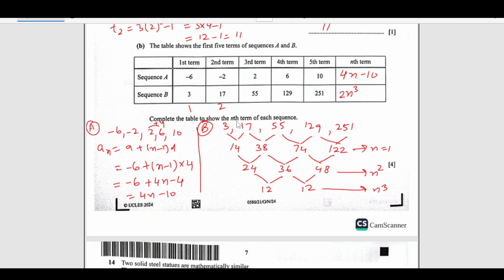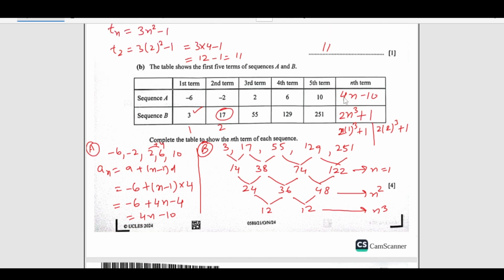So if you take 2 times n cubed plus 1, when n is 1, this is 2 plus 1, it gives us the first term. And when n is 2, this is 2 times 2 cubed plus 1. This is 8, 8 times 2 is 16, 16 plus 1 is 17. So it worked, right. So 2n cubed plus 1 will be the nth term, right.